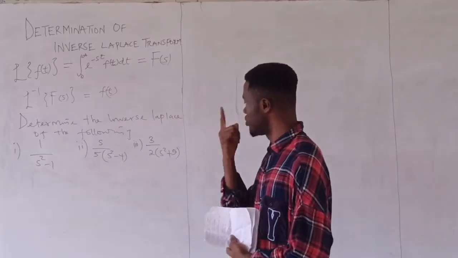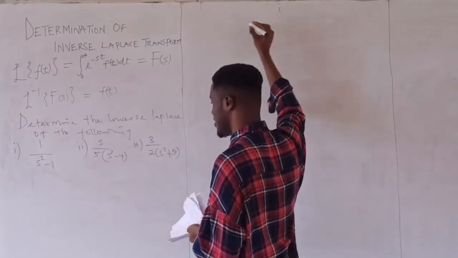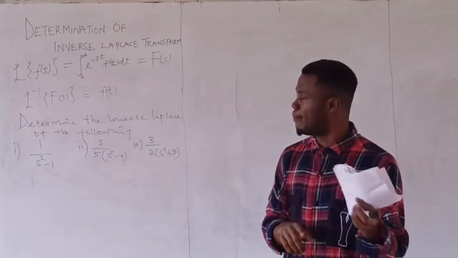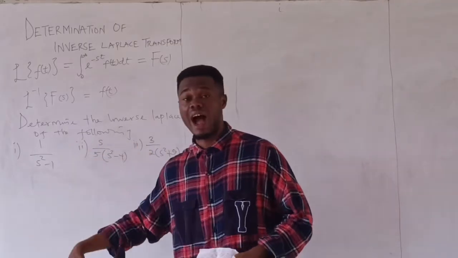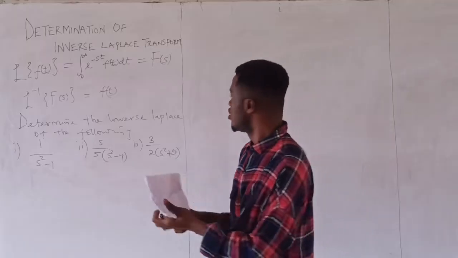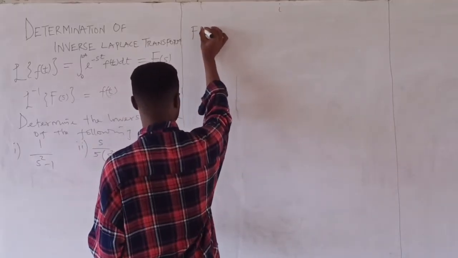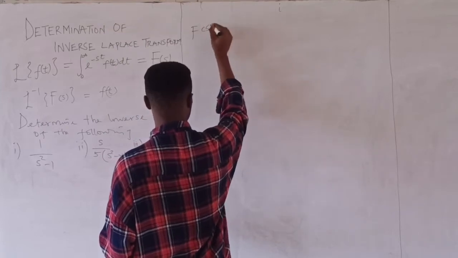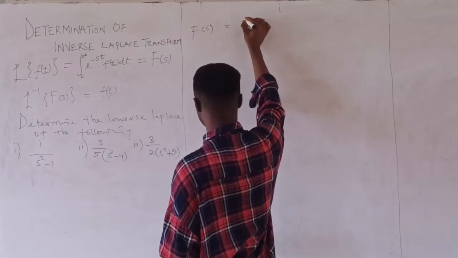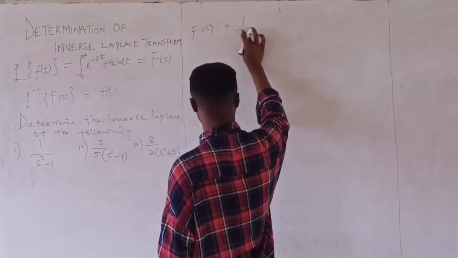Alright? So the first one we are going to go through is the I. So on the I, we have that, before that, remember that these functions that are written are f of s. Are you there? So the first thing you have to do is to say f of s is equal to the first one, that is 1 over s squared minus 1.